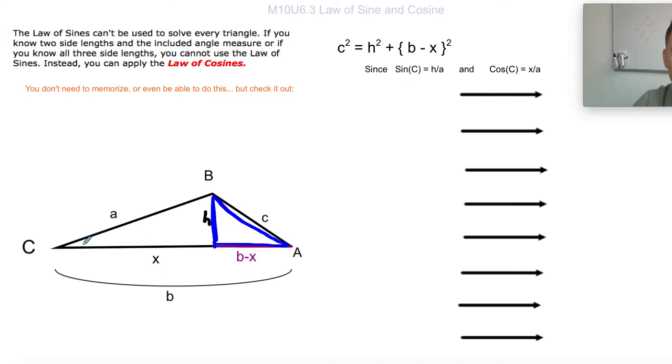Now, also, we want to say this about these pieces. Sine of C, so the sine of this, is opposite over hypotenuse, right? So sine of C is H over A, and cosine of C is adjacent over hypotenuse, X over A. So these pieces are there. Okay, we're going to use those in a second.